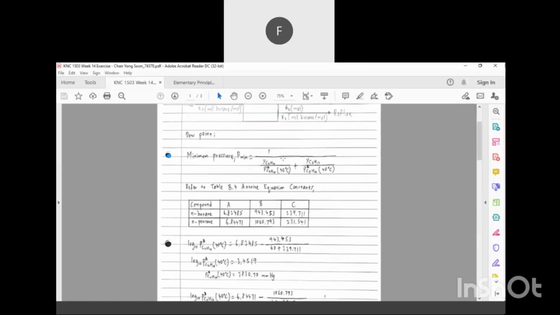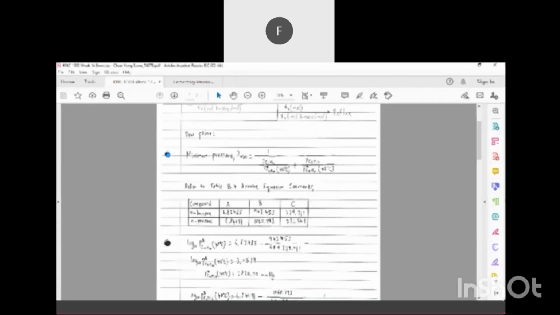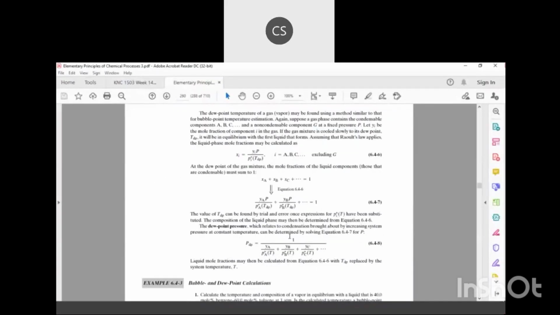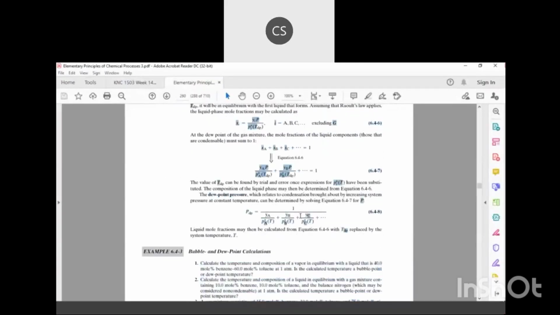This one? Yes, the minimum pressure. I can't find the formula. It is actually here, the dew point pressure. Oh, okay. Yeah, this one.